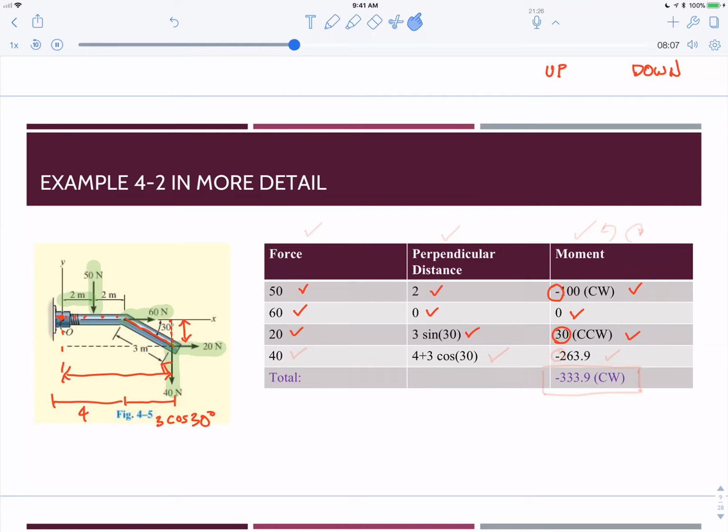The total then is 4 plus 3 cosine 30 degrees. The force is 40, and when you multiply it all out, you get 263.9. It's going clockwise about O, negative. And you add them all up, and you get minus 334 clockwise. And the units are newtons times meter, Newton meter.